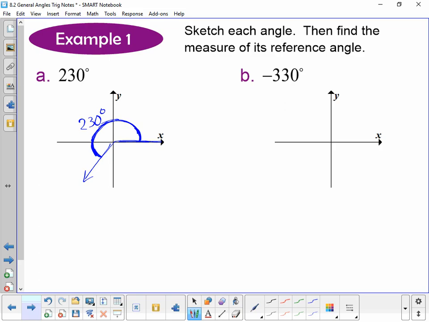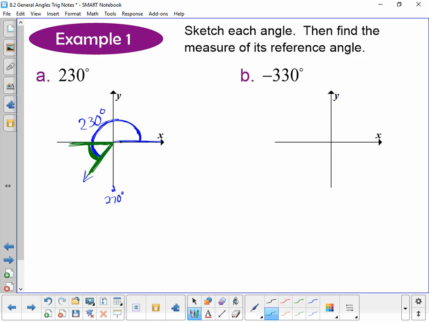If I had rotated all the way to here, that would have been 270 degrees. So now we've sketched the angle. I want to know how big this reference angle is, between the terminal side and the x-axis. This is the reference angle.